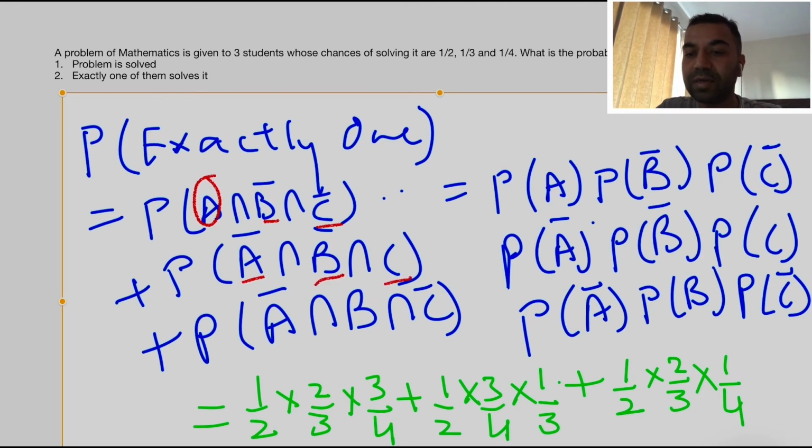And similarly the first fails, the third fails and the second solves.